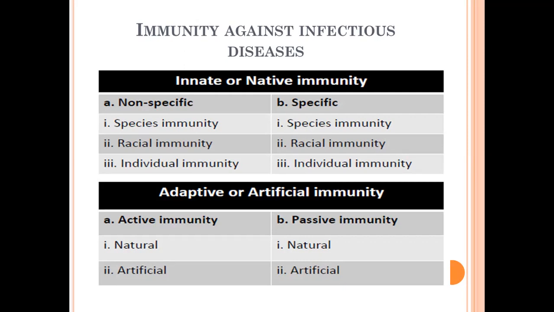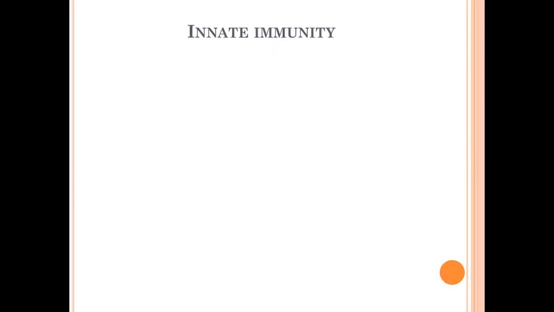This native or innate immunity, as we have seen, is of two types, non-specific and specific. Both of these can be of three types: disease immunity, racial immunity, and individual immunity. Whereas the artificial or adaptive immunity is basically of two types, active and passive, which can again be divided into natural and artificial types. So just a repetition of what we have seen.